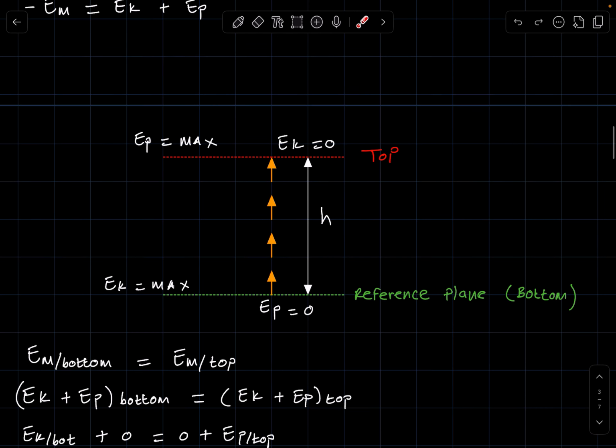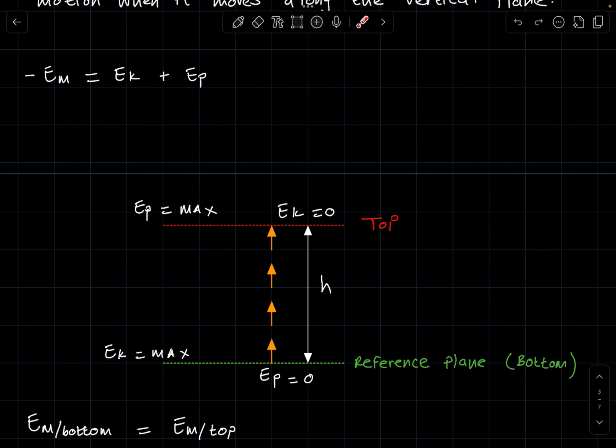All right, now let's consider this free body diagram, where this here represents the reference plane. We can also refer to it as the bottom, and this represents the top, or the apex, or the maximum height that the object reaches before it goes back to the ground.